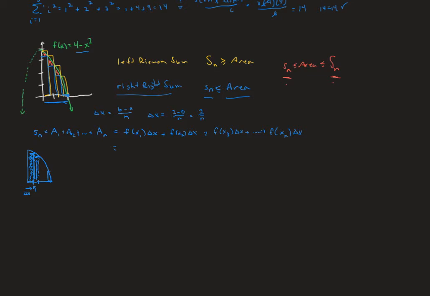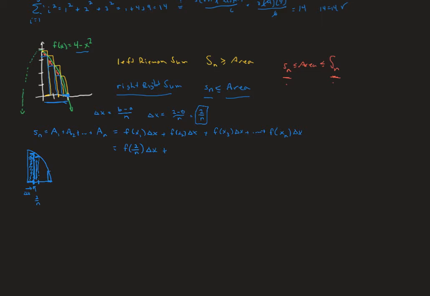Now, my claim is that x value, since we're starting at 0 and going over delta x, which we said is 2 over n, to the right of 0. So the x value of the right side of that first rectangle is 2 over n. So I'm going to take f of 2 over n times delta x. That's going to be the area of that first rectangle.